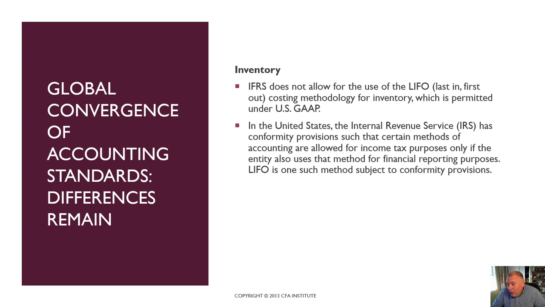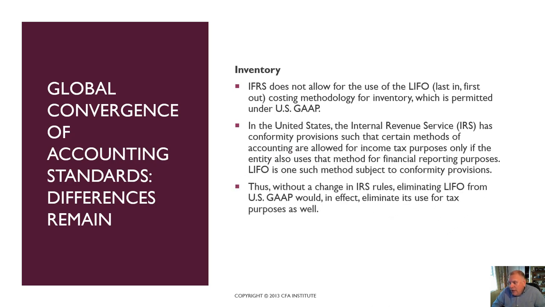So that's sort of a catch-22, because generally there is a tax benefit to you of using LIFO. But it also says that you can do that as long as your financial records are kept that way. So you have that without a change in IRS rules. Eliminating LIFO from U.S. GAAP would in fact limit its use for tax purposes. So we need to know there's that gap.